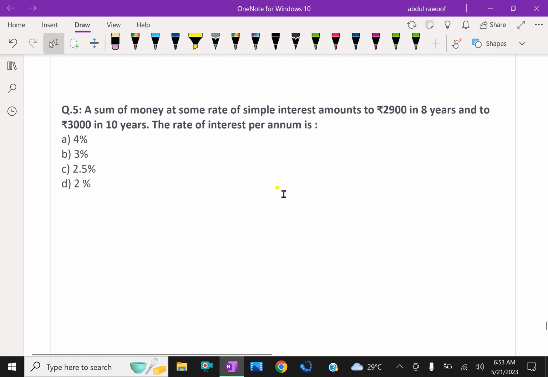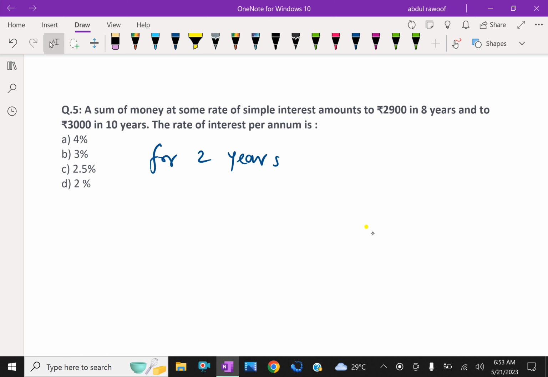Here, the difference between 10 years and 8 years is 2 years. For 10 years it is 3,000, for 8 years it is 2,900, which is equal to 100 rupees for 2 years.